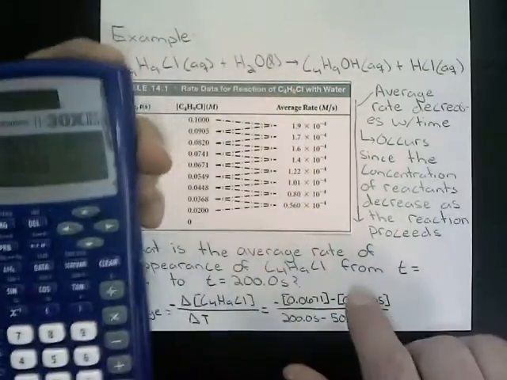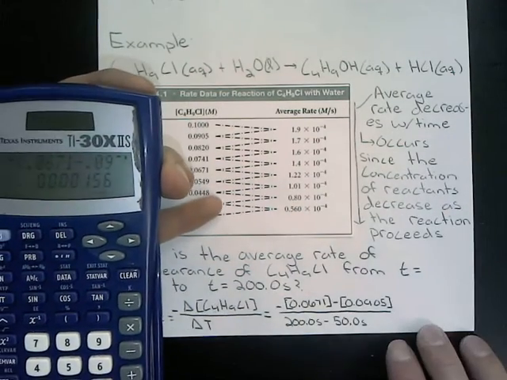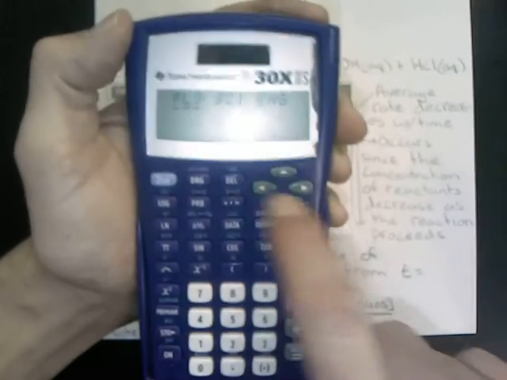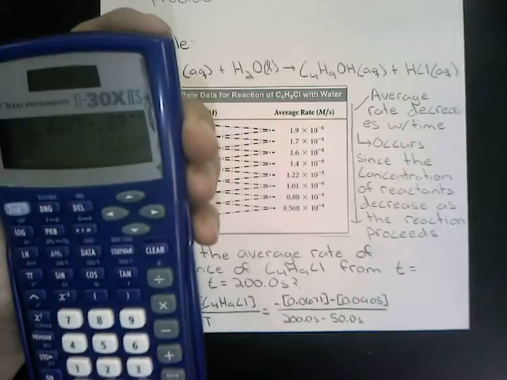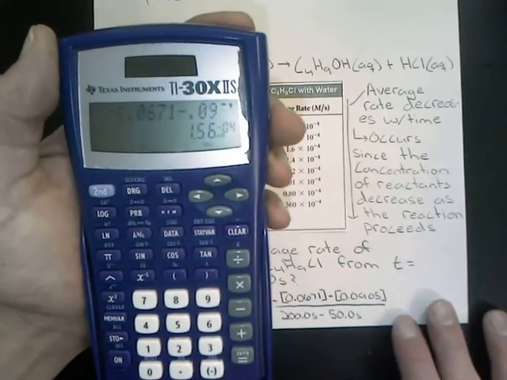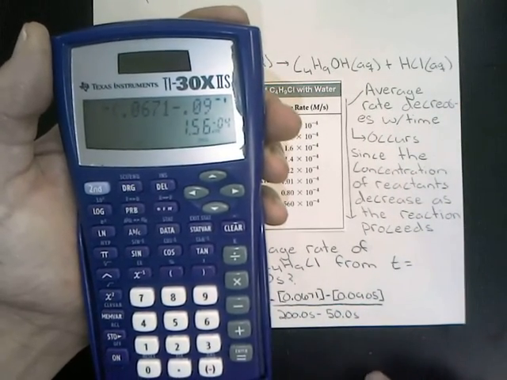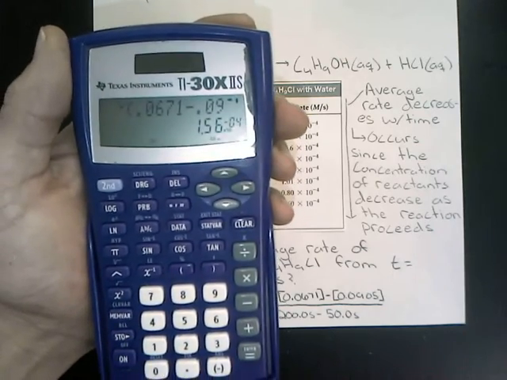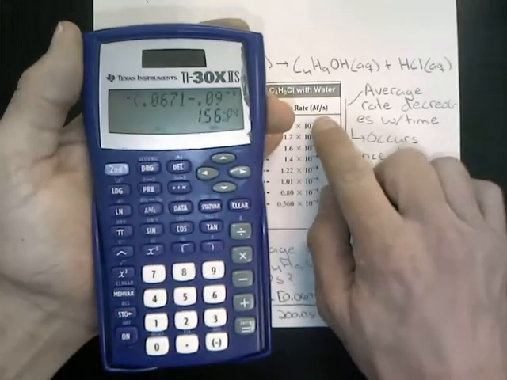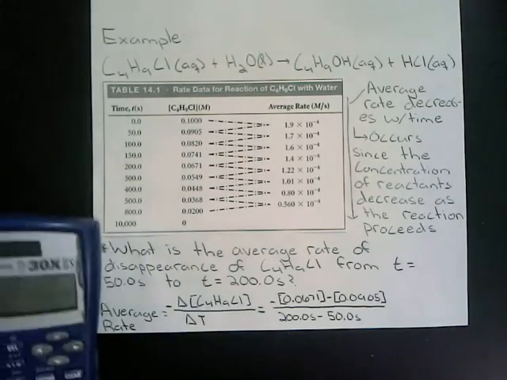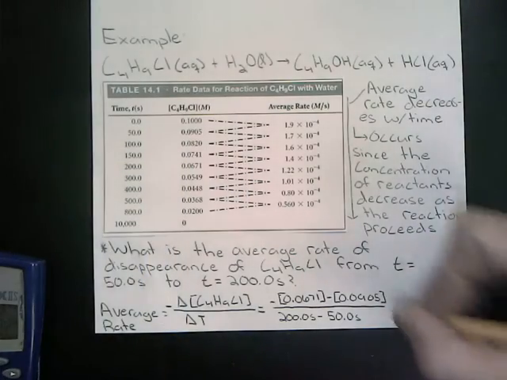0.000156. Now, to help line this up with the particular chart here, we could put it in scientific notation. Using 3 significant digits, we would get an average rate of 1.56 times 10 to the negative 4th molar per second, or molarity per second. So again, let me write this down here.